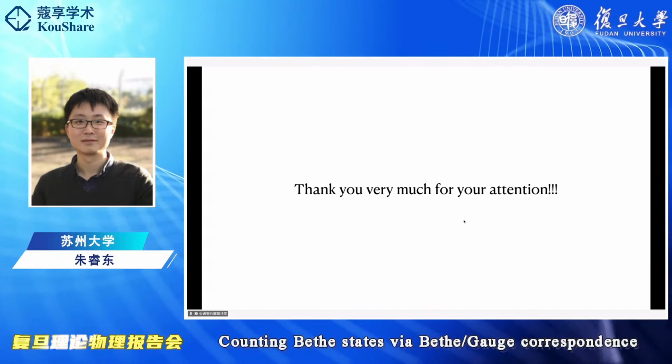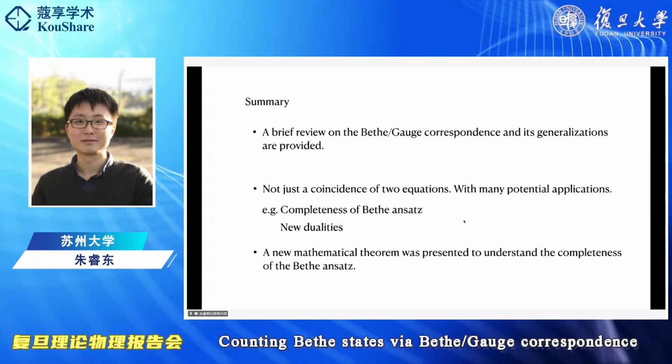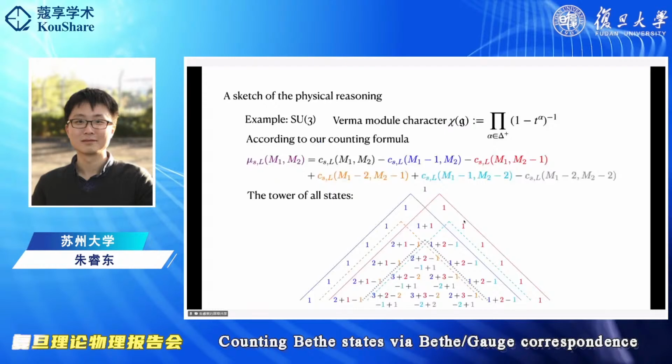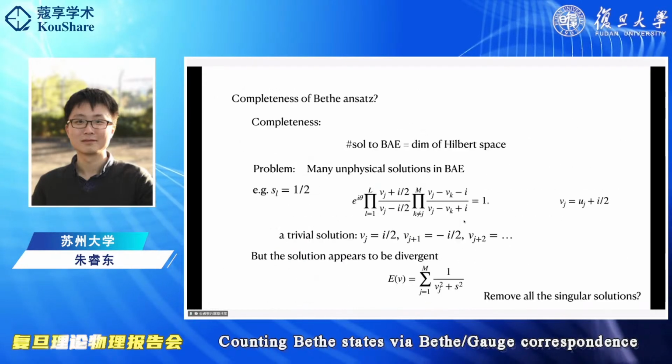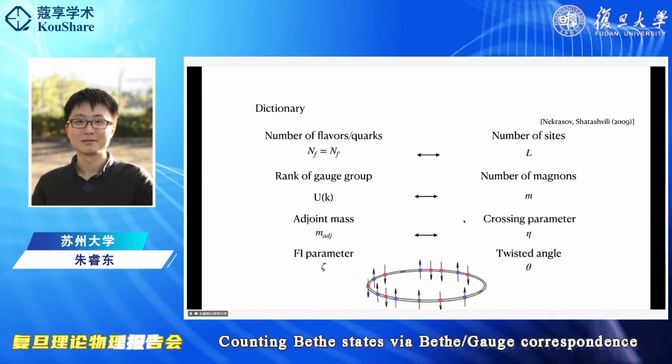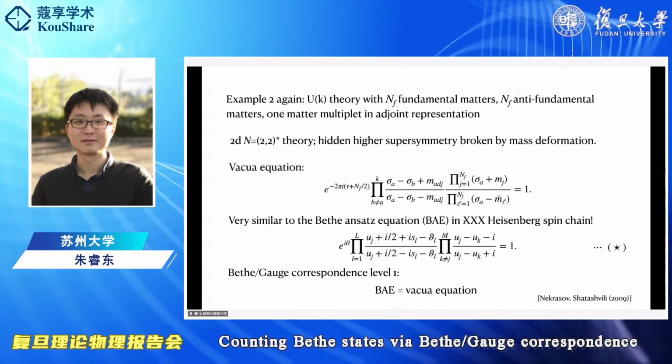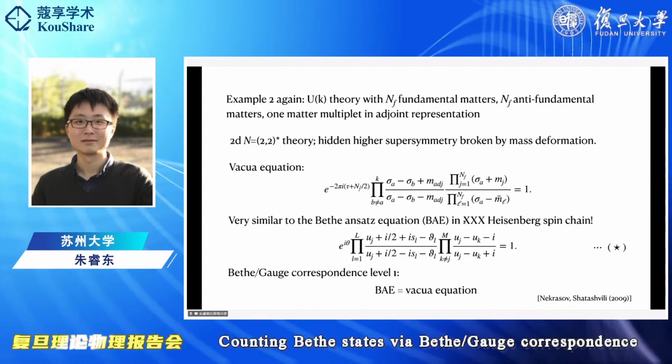Any questions? Can you go back to the slide with the correspondence between symmetric Bethe... Like here? This one? This one? So for the limit of mass going to 0, what does this correspond to?